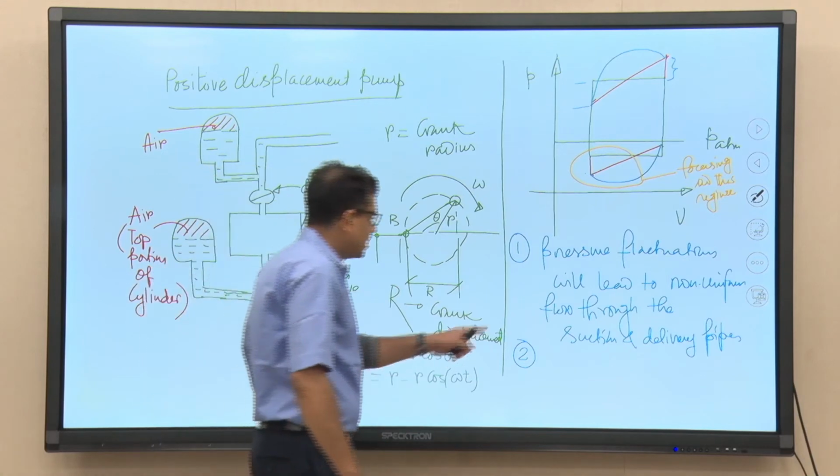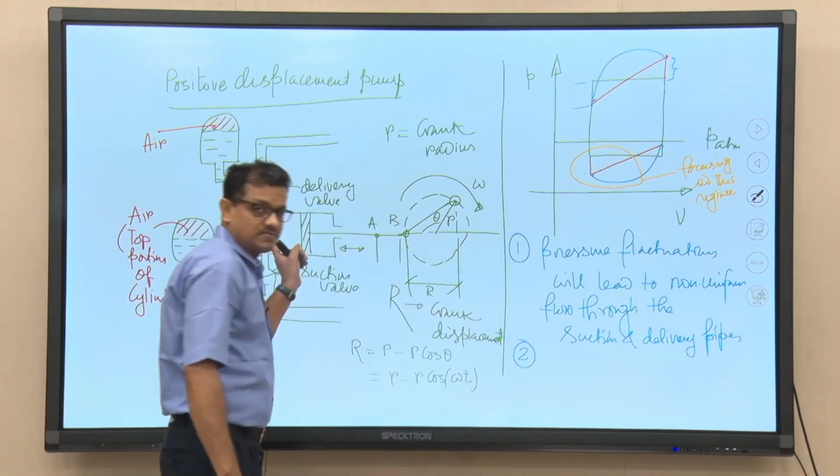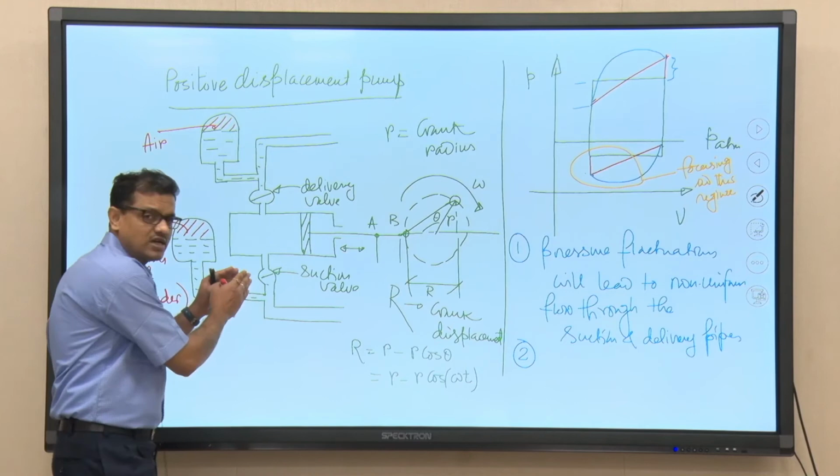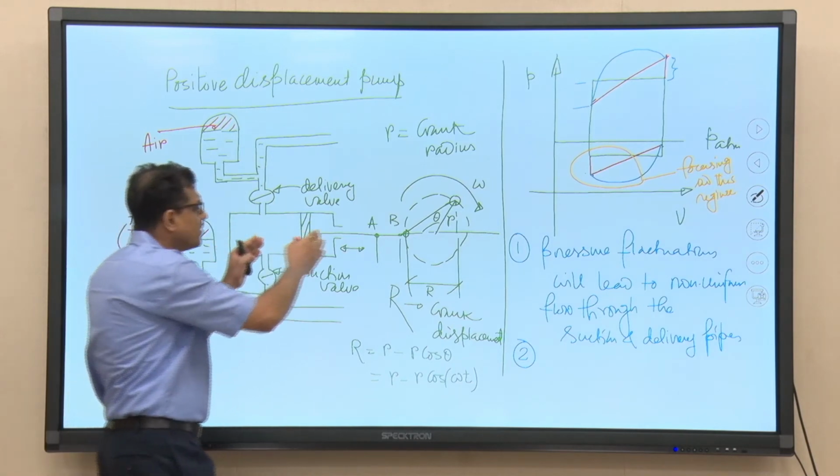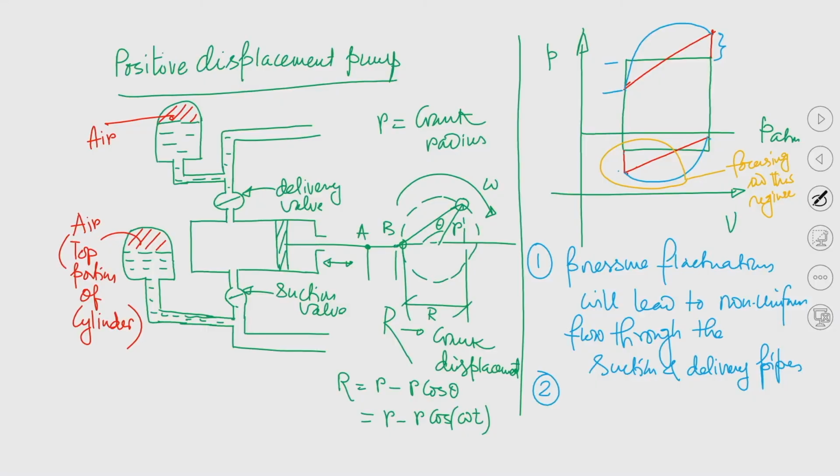So, if we do not take any preventive measure to stop cavitation, then maybe we can allow omega to increase the flow rate, but that increase in omega will have a negative impact, as the pressure inside the cylinder as well as in the suction pipeline might fall below the vapor pressure.